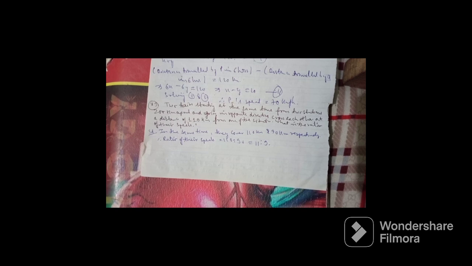Now we go for another question. That is another important one. The question is, two trains start from P and Q respectively and travel towards each other at a speed of 50 km per hour and 40 km per hour respectively. By the time they meet, the first train has traveled 100 km more than the second.